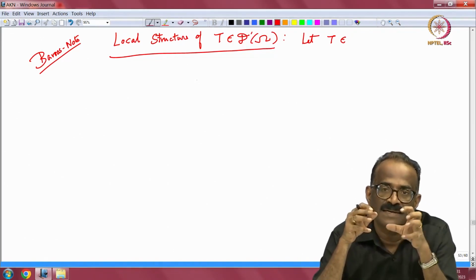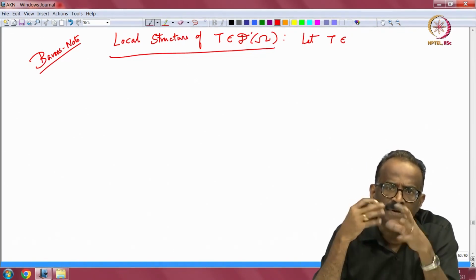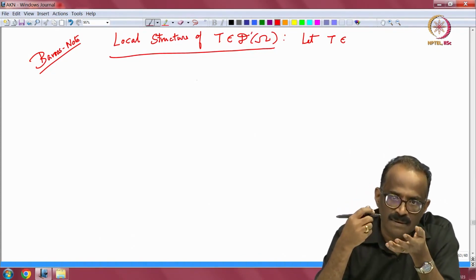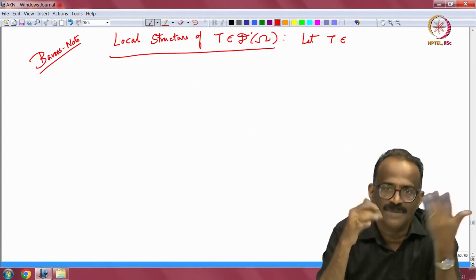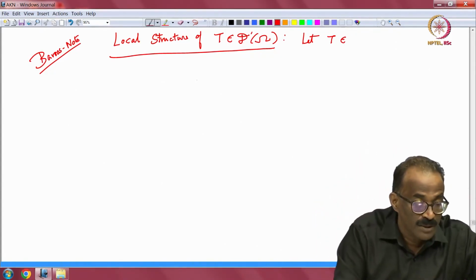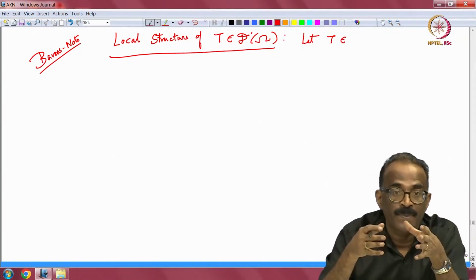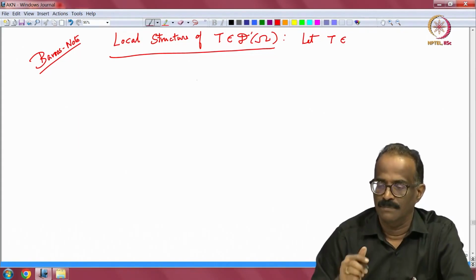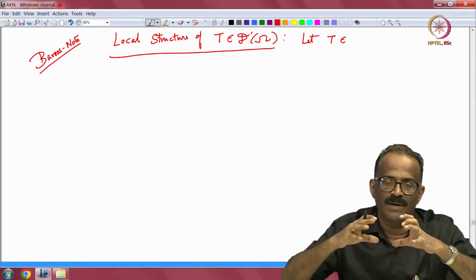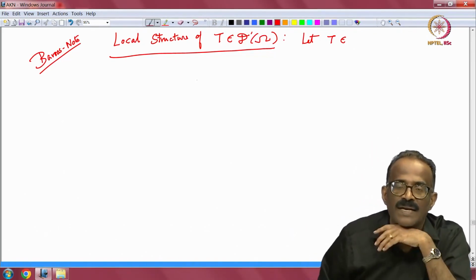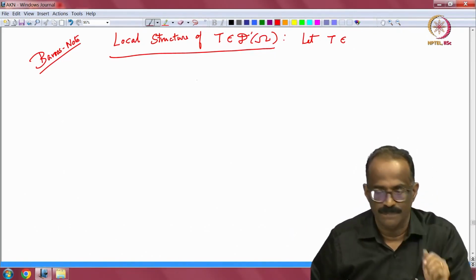So essentially it is telling that locally every distribution is basically some derivative of some locally integrable function. That is what it says. You can get this only locally, but if T has compact support you get a global representation. That is obvious, because outside the compact support T has no issue. So inside you can write it, it is a global result.